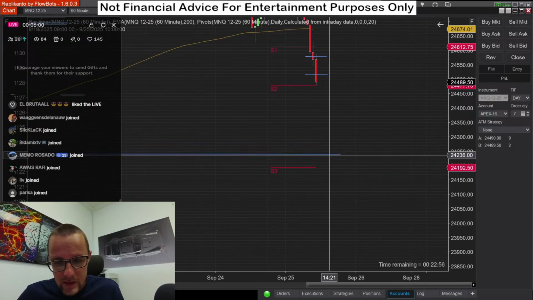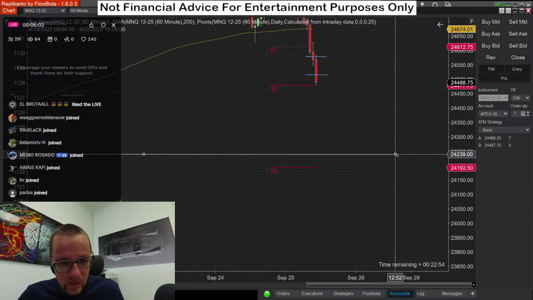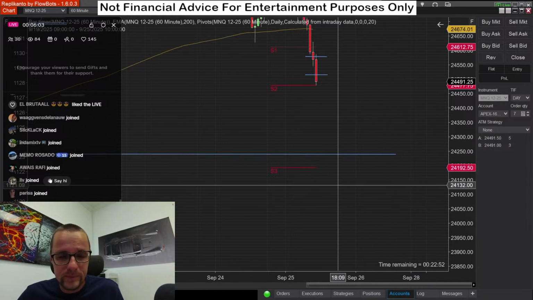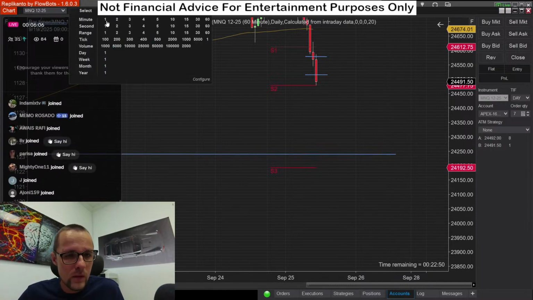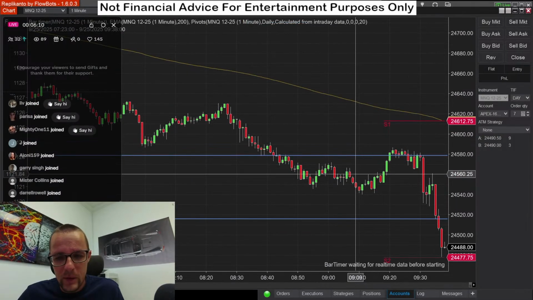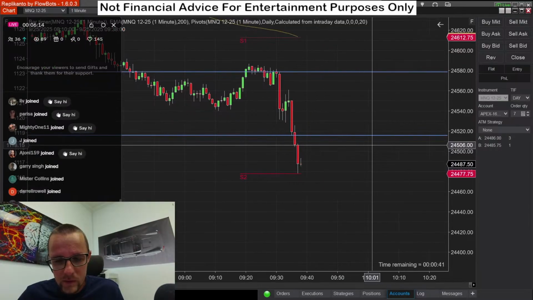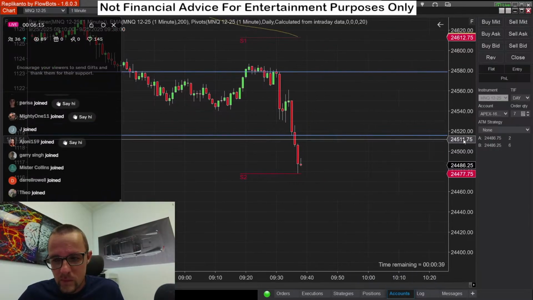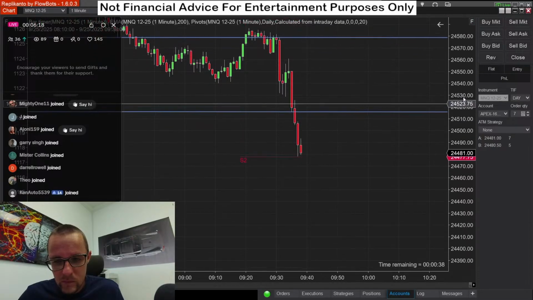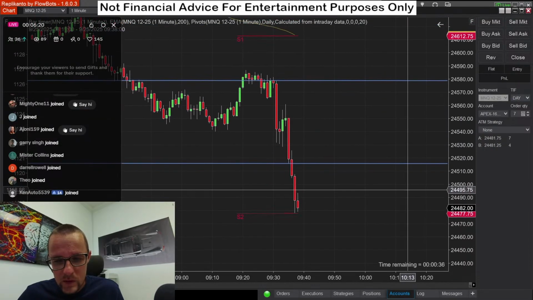That low comes down to that pivot. So, interesting area. Let's go on the 1-minute chart. Did we break that? We have a pivot point we're bouncing off right now on the 1-minute. So we'll see what happens here.